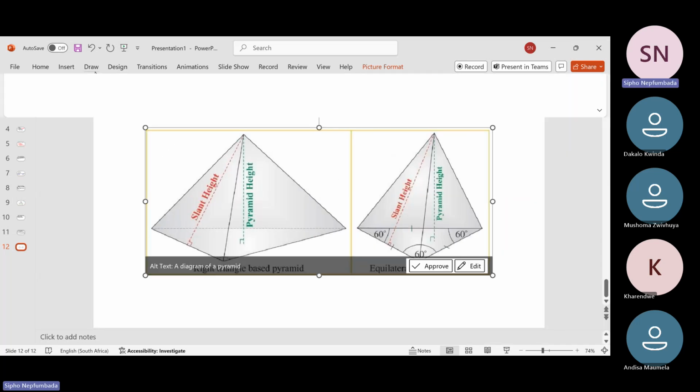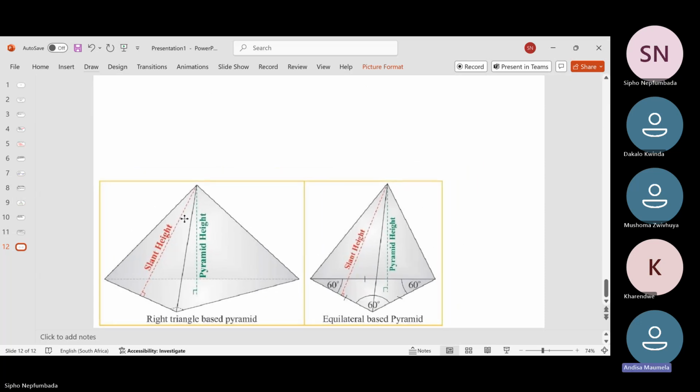So there we go. I hope it is visible. Yes, it's visible.